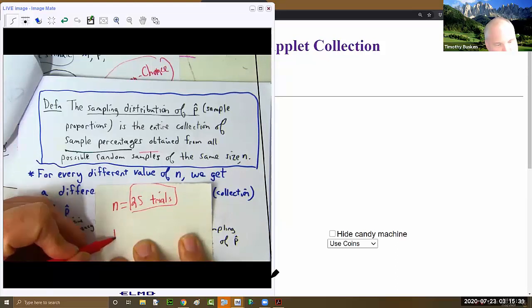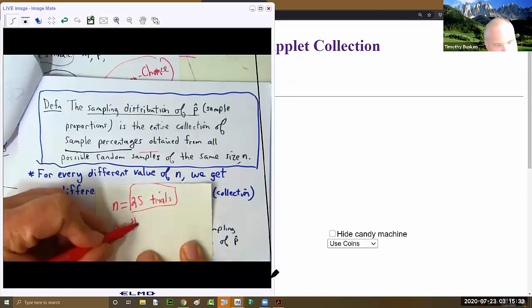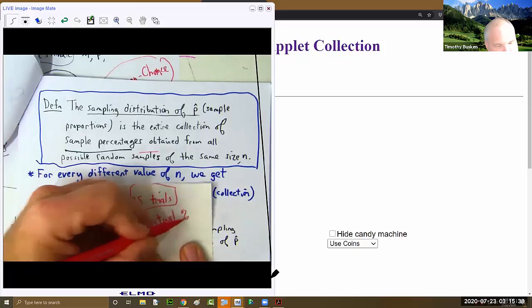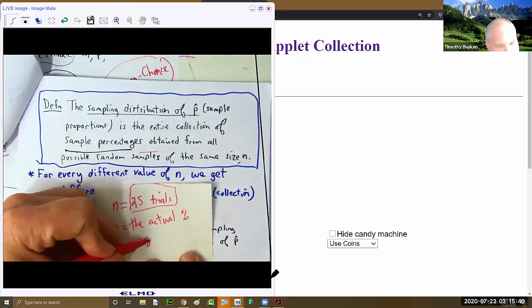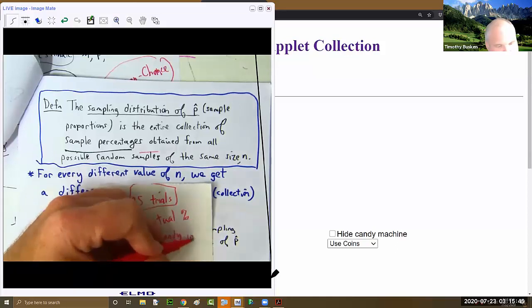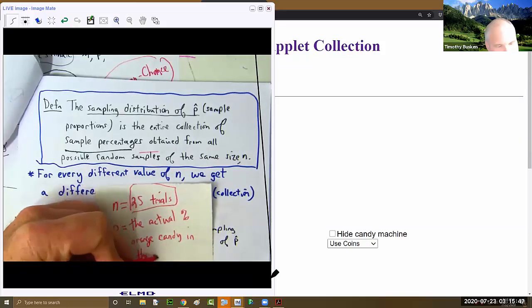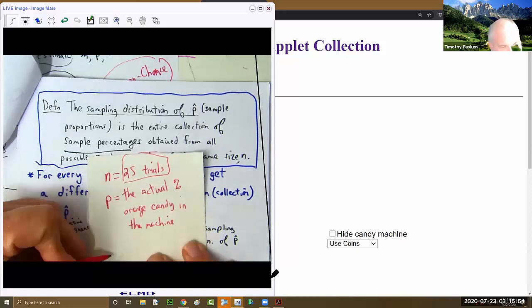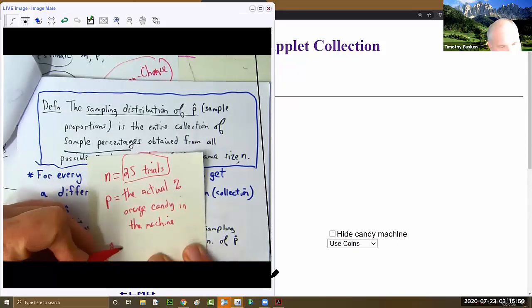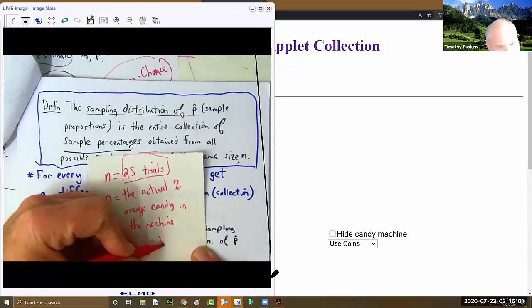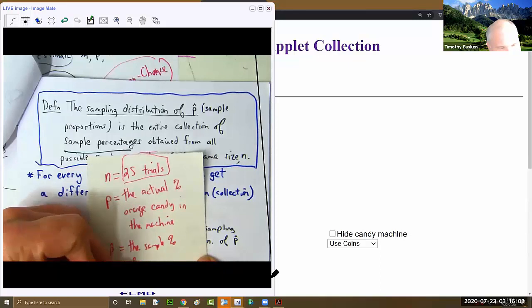P is the actual percentage of orange candies in the machine, and every time we draw a random sample, we get a value of p-hat, which is the sample percentage of orange candy.